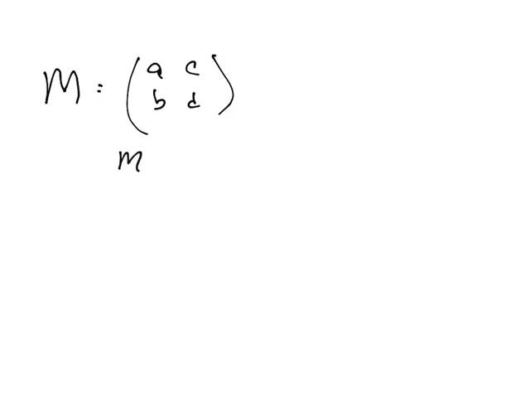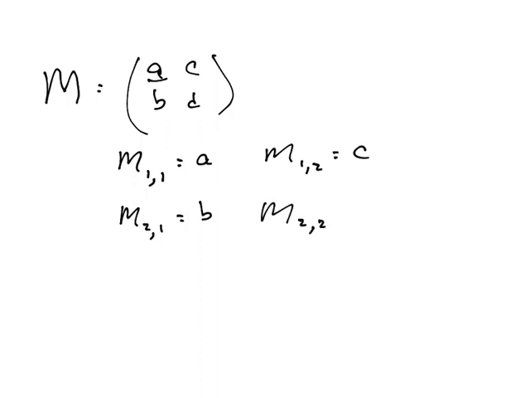We'll say, take the element 1, 1, that's A. So this element here is the first row, first column. The matrix element 2, 1 is the element B. It's the second row, first column. 1, 2, that's C. And of course, 2, 2 is D.